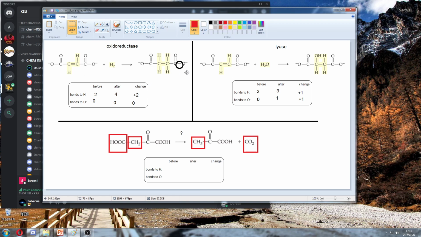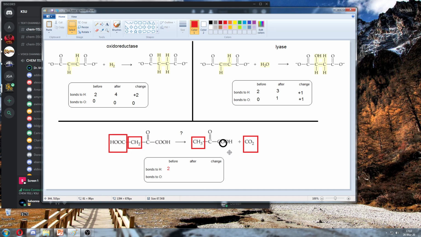We ignore the ones that don't change. Okay? So now let's ask our questions. Combined, how many bonds do these carbons make to hydrogen? Well, this one's not bonded to any hydrogens. This one's bonded to 2. So combined, their total bonds to hydrogen is 2. So we'll put a 2 there.